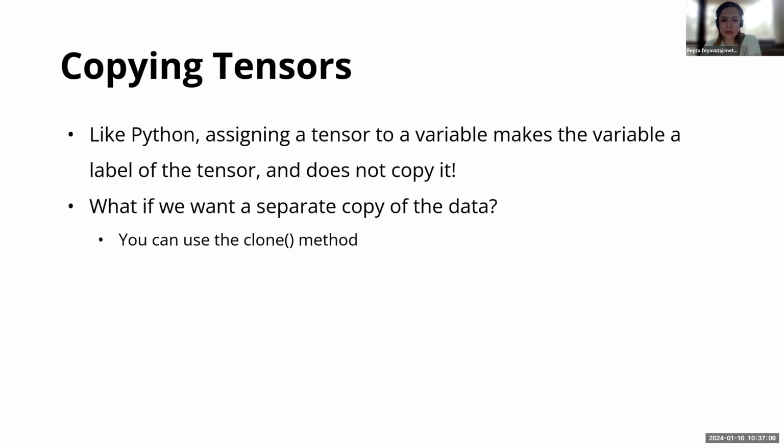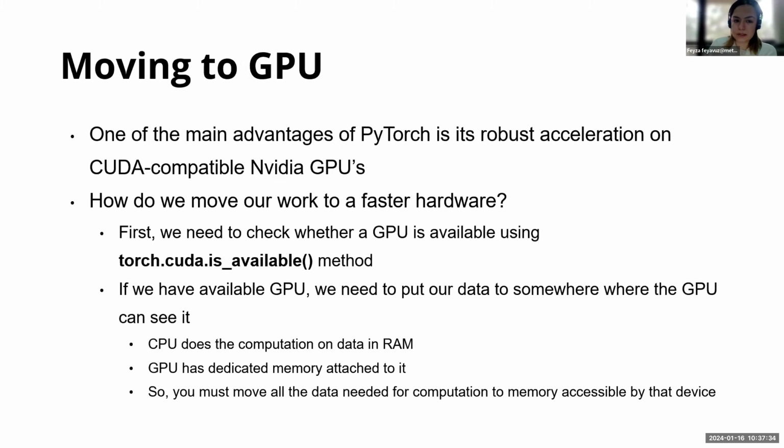So remember that if we use the view function, we have xView equals x.view, and if we change any value in x, then it will change the value in xView. So actually, this is not something that we want, so we have to separate the copy of the data, and we can use the clone method for this.